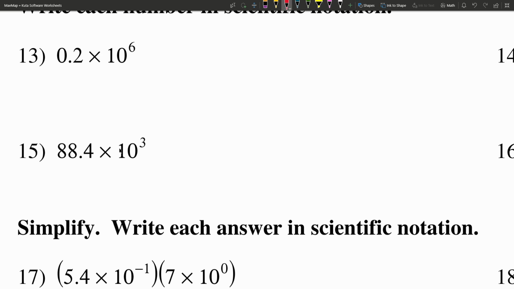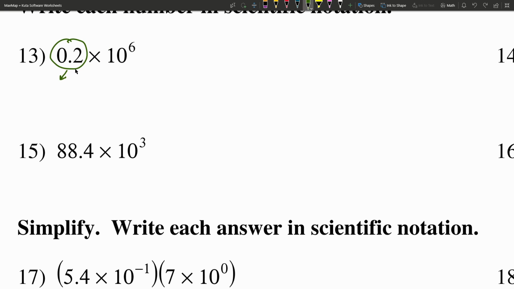So let's look at number 13. We would like this to be a 2 times 10 to the something, some power that we still need to figure out. So I need to actually rewrite 0.2 in scientific notation, and then once I get that number in scientific notation, I can just multiply it by this 10 to the 6th.